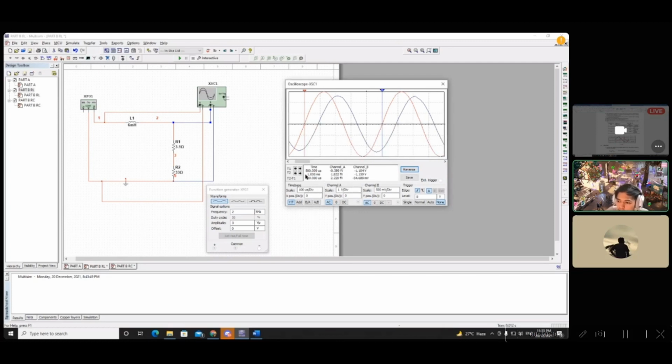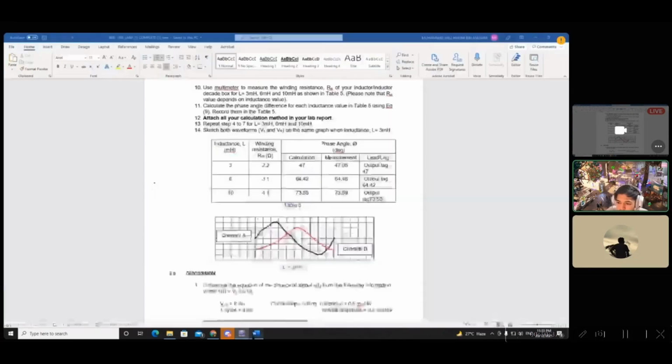Then you just put it into the formula, y over d multiplied by 360, so you will get the value and put it in here.